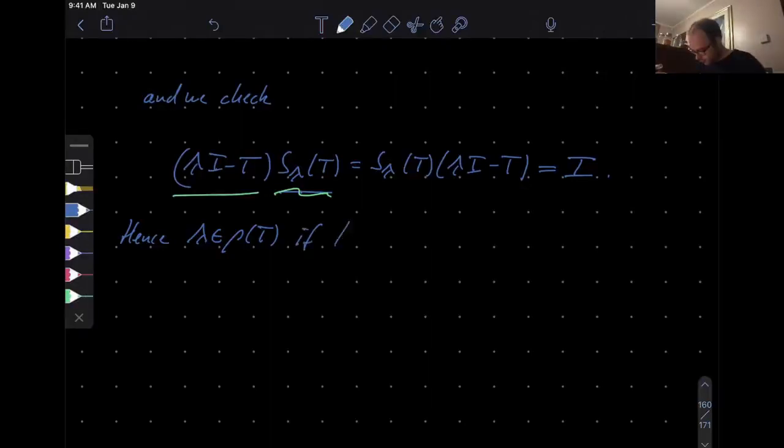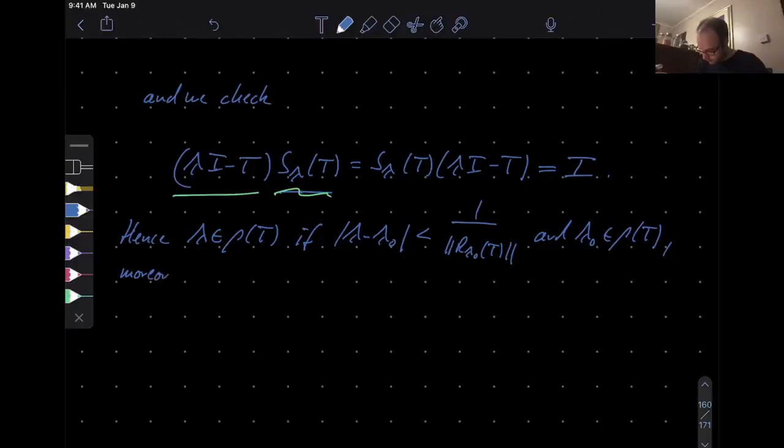If |λ - λ₀| is less than, well, now maybe I write it like this for once, 1 over the norm of R_λ₀(T), okay? And λ₀ in ρ(T). And that precisely tells me that the resolvent set is open. Moreover, S_λ(T) equals R_λ(T) for such λ, right?